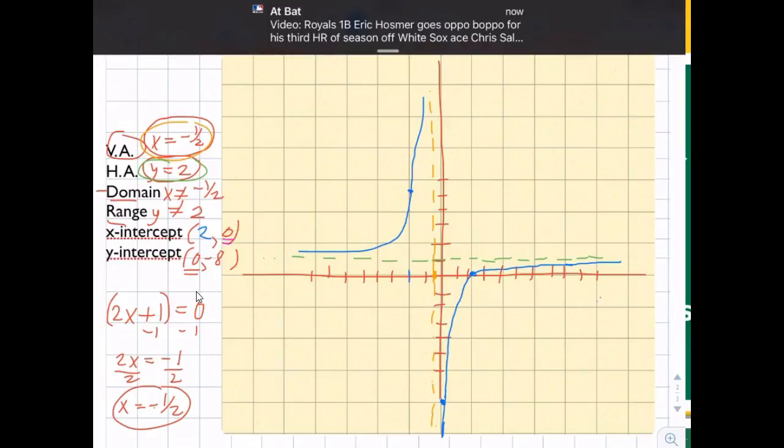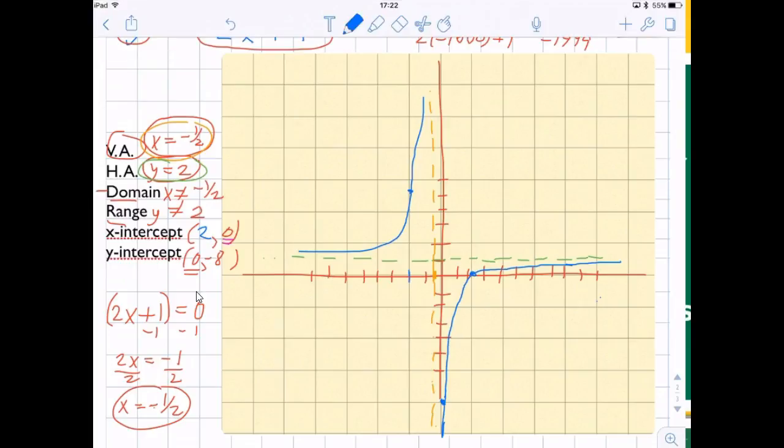For me, the easiest way is to truly understand the meaning of each one. For example, the vertical asymptote. You need to understand that the vertical asymptote comes about because there are illegal values of x. Why do you have an illegal value of x? Two reasons. One is it could be a negative number inside the square root sign. Another possibility is that you're dividing by 0.